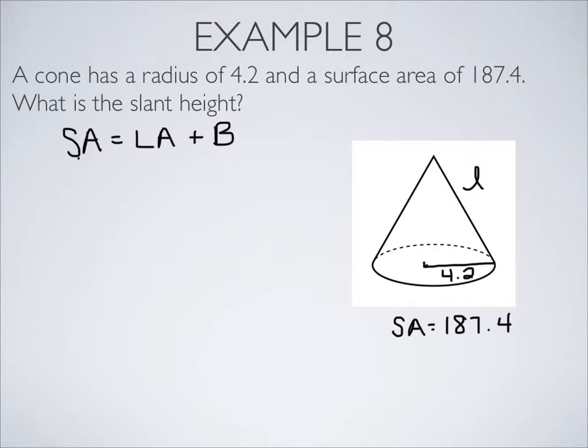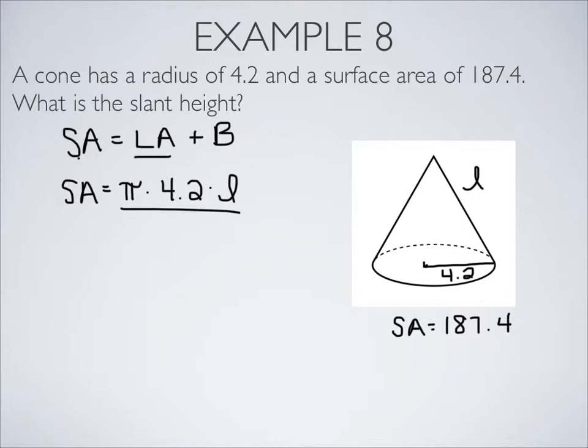Don't stress too much about that as a formula, but just so you see where I'm going with this, I'm going to set this up so that I have the lateral area and then I add on the base. So I would do pi times the radius, which is 4.2, times the slant height, which I don't know yet, so I'm just going to call that L. That is my lateral area.